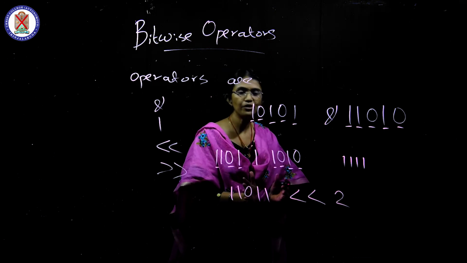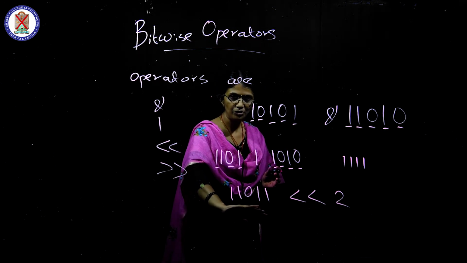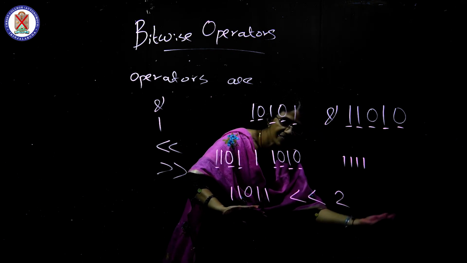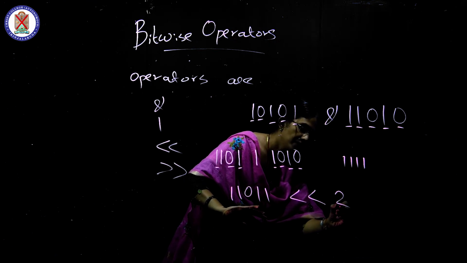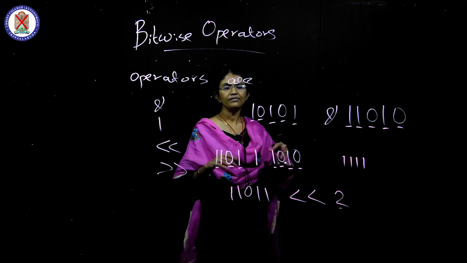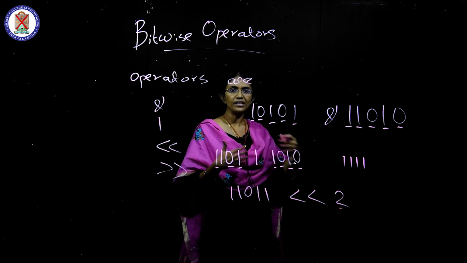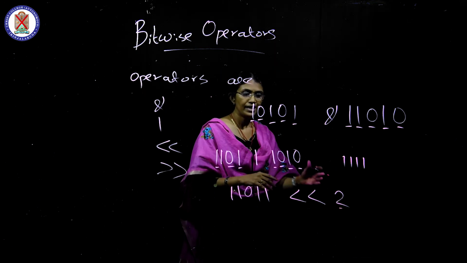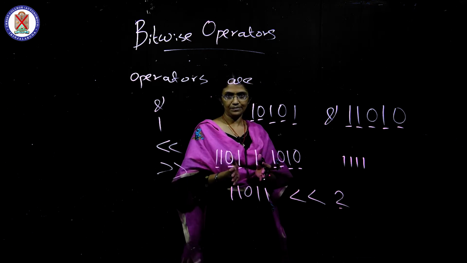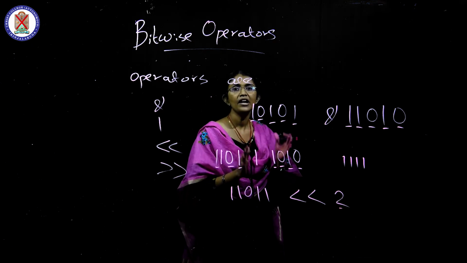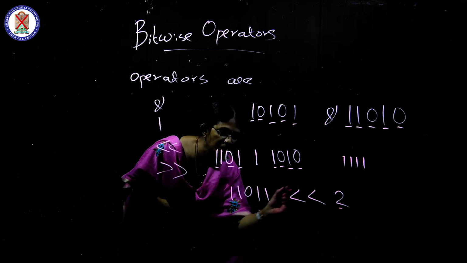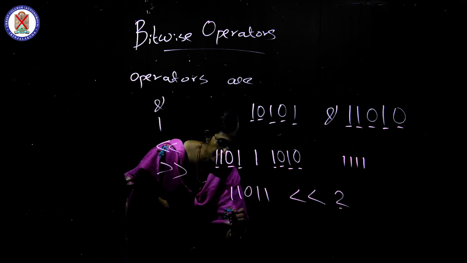On the left hand side of the operator, we have the value which is to be shifted, and on the right hand side of the operator, the number of bits by which the operation is done. In this case, 2 bits, we left shift. For this we have to left shift 2 bits.